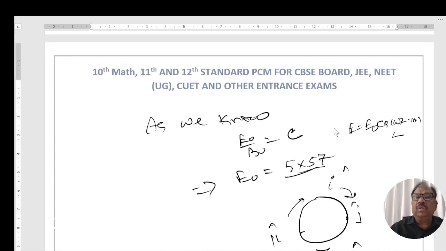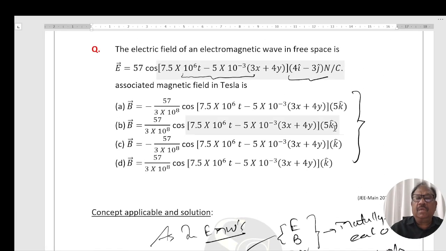So we have to choose the correct answer. 57 as E naught, or B naught equal to C. So B naught will be equal to E naught by C. Now the minus sign will come.